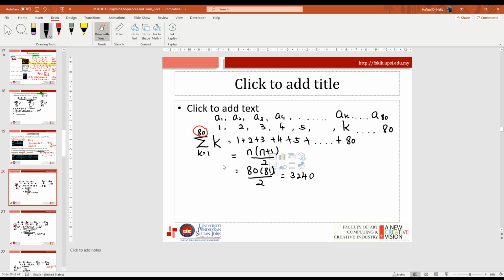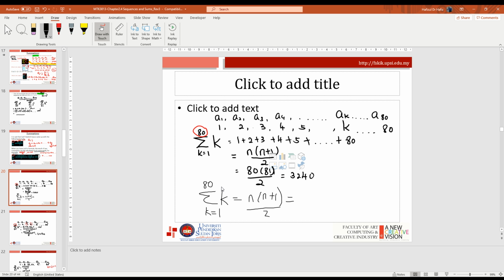Okay, and this one is another example. For example, we have 80 here, k equal to 1, and the formula is k. We start from 1, then n times (n plus 1) divided by 2.